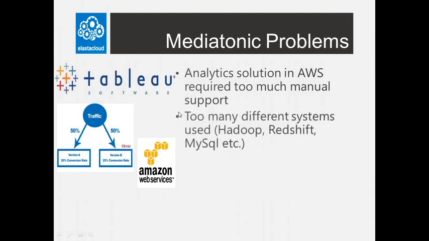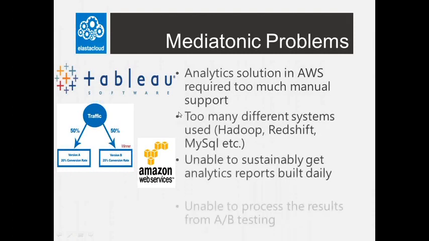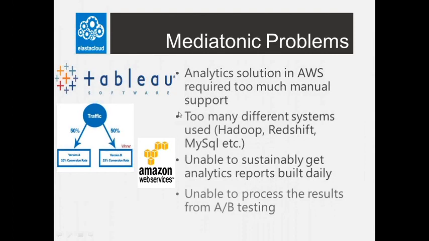So we'll look at the problems that we faced when we started this project. The existing solution that they had was in Amazon Web Services, which used Hadoop. It used Redshift, which is a business intelligence tool.